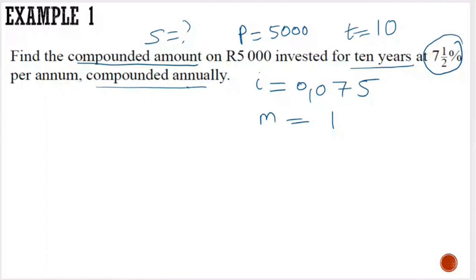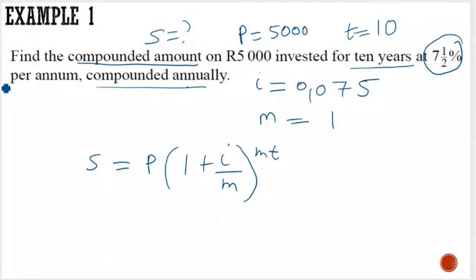So now I want us to follow the formula: P into 1 plus I over M, to the power MT. That is your N. So therefore your N is going to be equal to your M times T. What is your M? The number of compounding periods multiplied by your T. Your T there is 10.